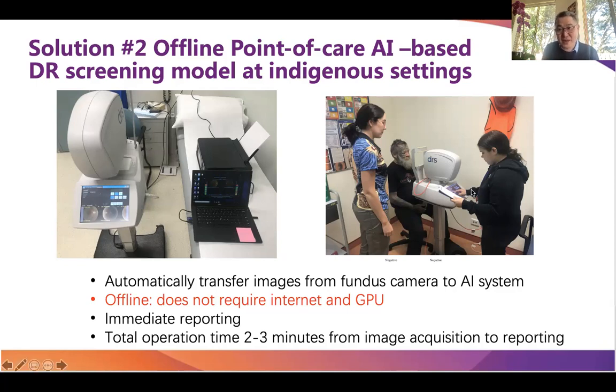This is a fully automatic fundus camera connected to a laptop and a printer, and the AI algorithm is offline. It doesn't require internet or GPU connection. So a local technician is able to complete the screening, and the report is generated by the AI system in a couple of seconds.